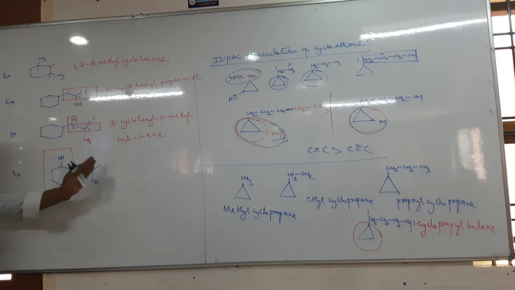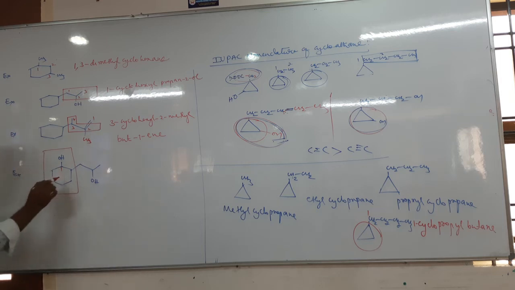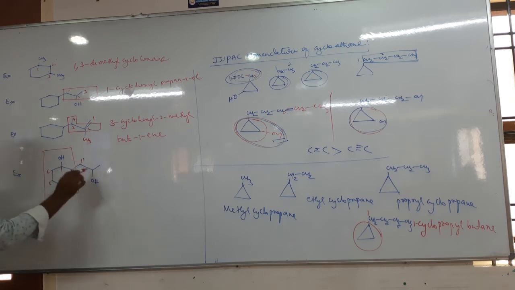Then the side chain is a substituent. Now tell me numbering. We know that numbering should start from the functional group. Therefore, this is 1, then it is 2, 3, 4, 5. Then this is a side chain. Now what are the rules for writing the IUPAC name of a side chain? Same rule we have studied in alkane. This is 1 prime, 2 prime, 3 prime.